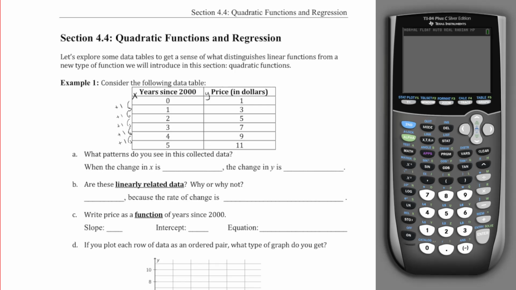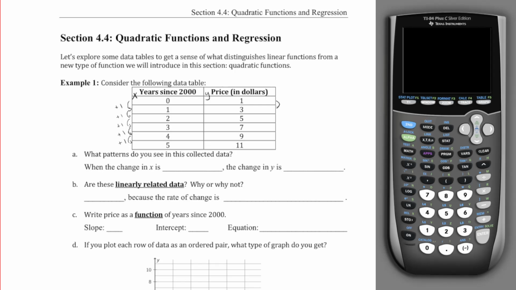And examining the pattern in the outputs, we see that each time we go down a row, our output increases by 2. So when the change in X is plus 1, the change in Y is plus 2.